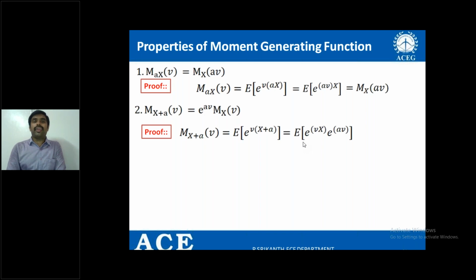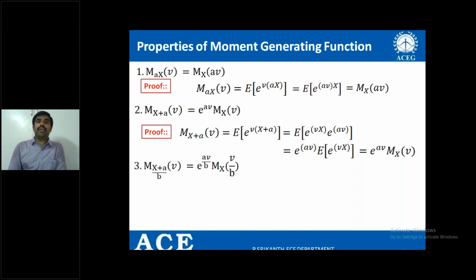So I can write it as the expectation of e power vx into e power av. If I take that e power av outside, I can write e power av into the expectation of e power vx. What is that expectation of e power vx? Nothing but mx of v. Therefore e power av into mx of v. That is the second property of the MGF.